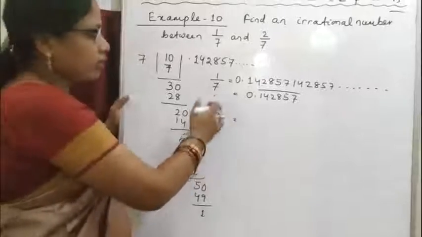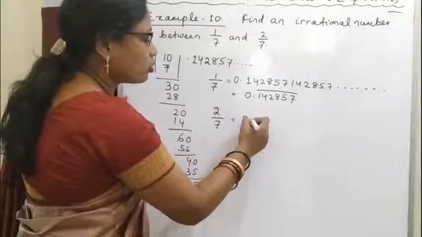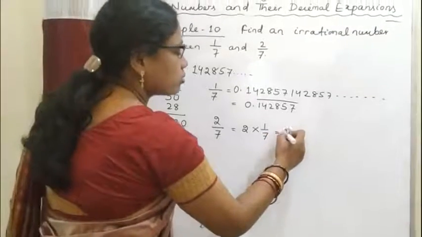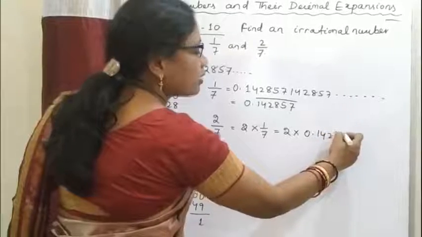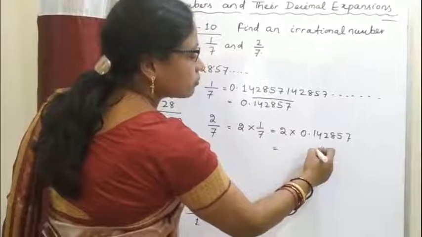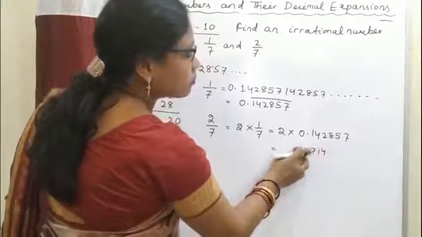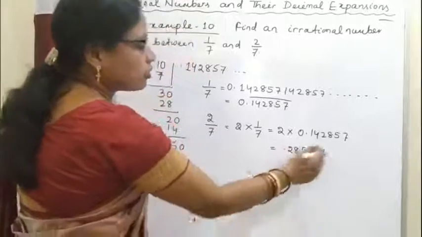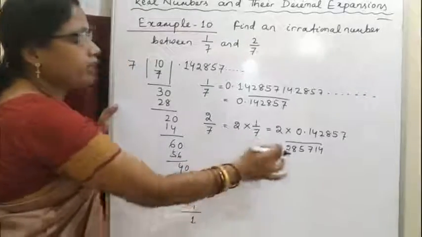So what will be the decimal expansion of 2 by 7? Instead of calculating the decimal expansion of 2 by 7, we will simply multiply 2 with 1 by 7. So this is equal to 2 multiplied with 0.142857. So this will be the decimal expansion of 2 by 7.